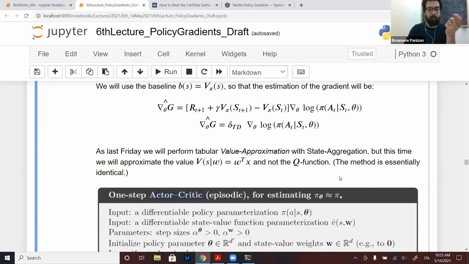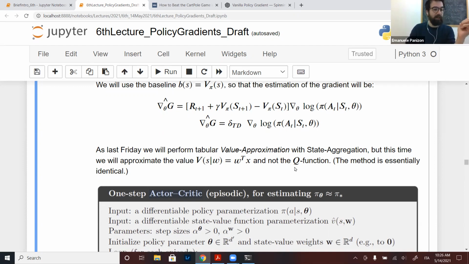I'm not doing the Q function, but the value. In the last lecture, what I stored was of dimension state space multiplied by action space. Now I only need the state space because I'm not storing the approximate Q function, I'm storing the approximate value, V. But the method and everything is essentially identical.